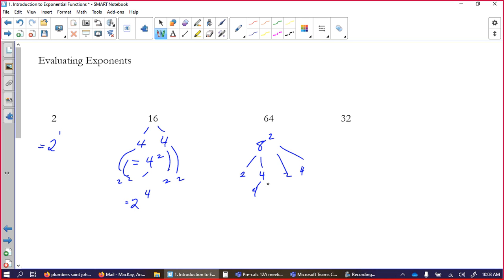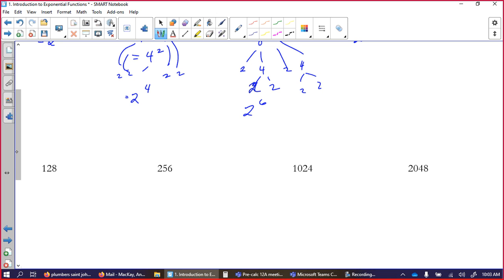You can go down into 2, 2, so 1, 2, 3, 4, 6 of them. 32 actually is 2 to the 5th power, because 8 times 4, well, we just said 8 was 2 times 2 times 2, and 2 and 2. 128 is 2 to the 7th. That would be 2 to the 8th, 2 to the 10th, 2 to the 11th.